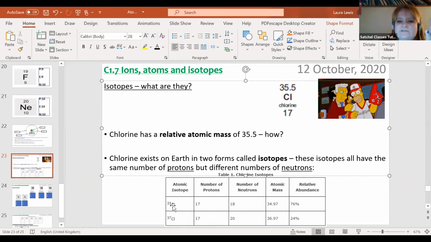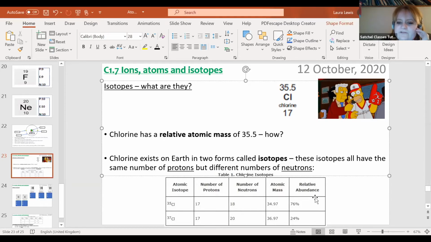So how do you say an isotope's name? You say its name and you say its mass after it. So chlorine 35 has 17 protons, but 18 neutrons. Chlorine 37 has 17 protons, 20 neutrons. Okay, so atomic mass 34.97.